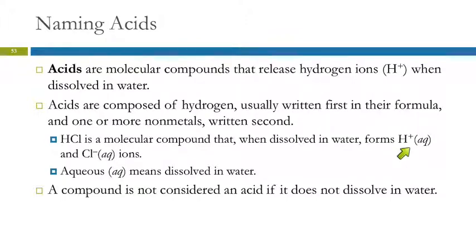And it forms an H plus ion and a Cl minus ion. When we put AQ in parentheses, that means aqueous, dissolved in water. So a compound is not considered an acid if it doesn't dissolve in water. I'm not going to try to trick you with something like that.